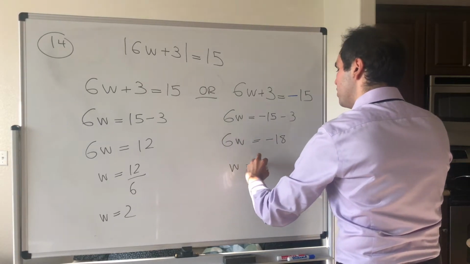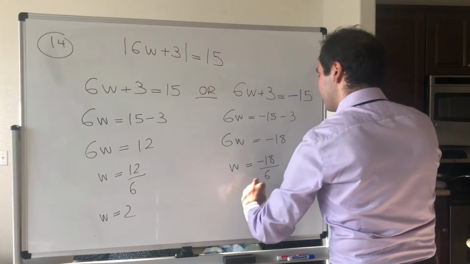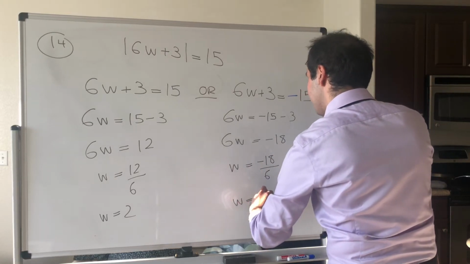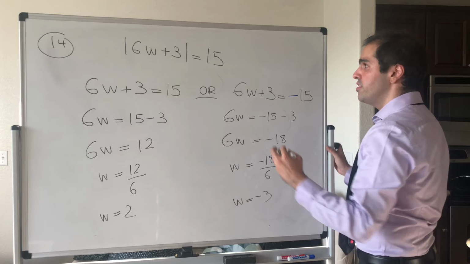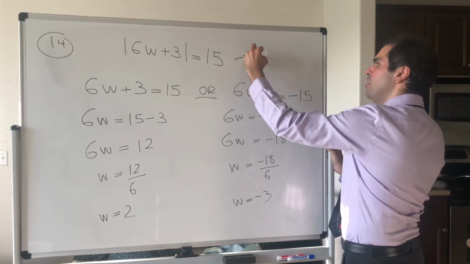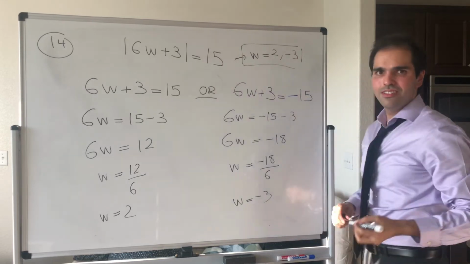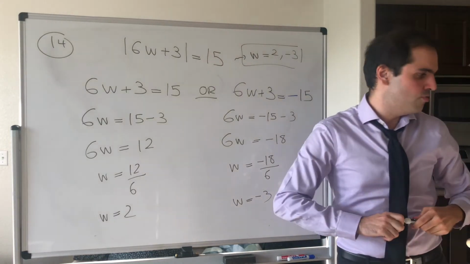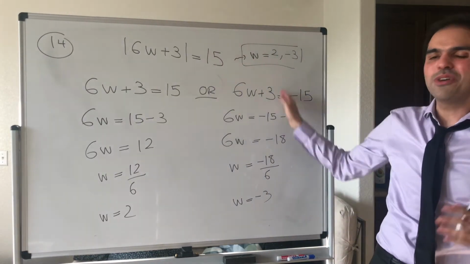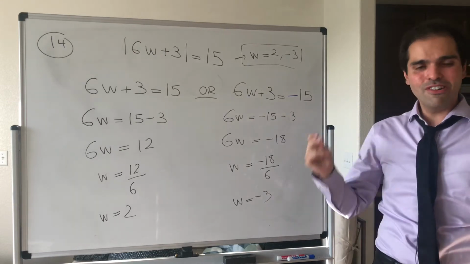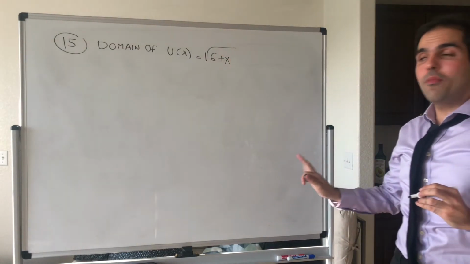So w is minus 18 over 6. So w is minus 3. Which tells us that there are two solutions. Either w is 2 or it is minus 3. Okay. So yeah, very important with those absolute values. It's either that number or negative that number. All right, moving on.